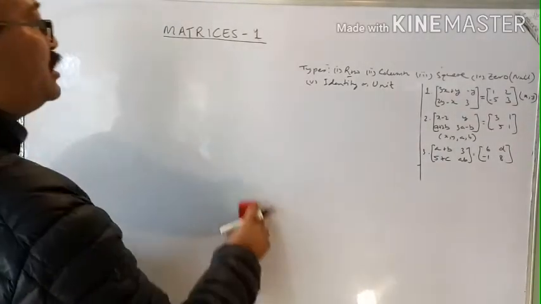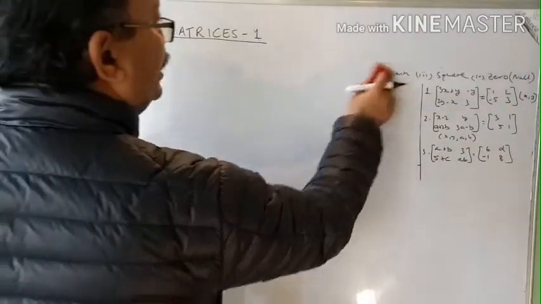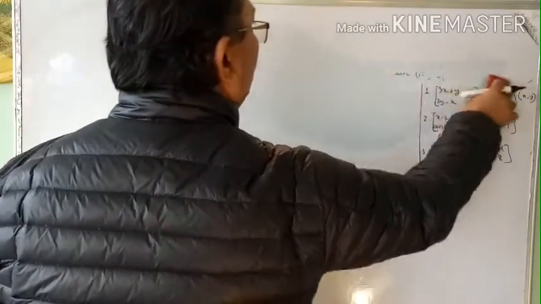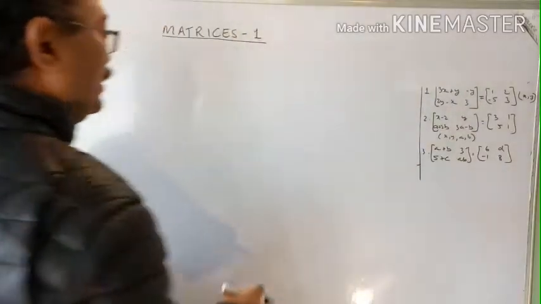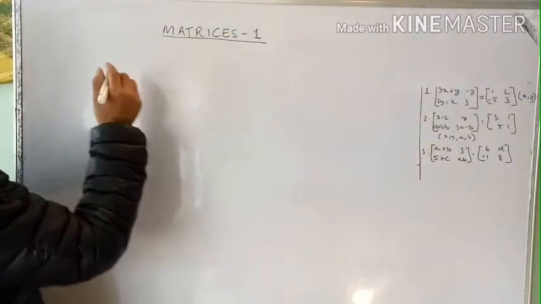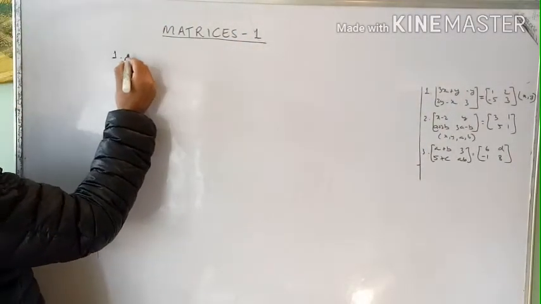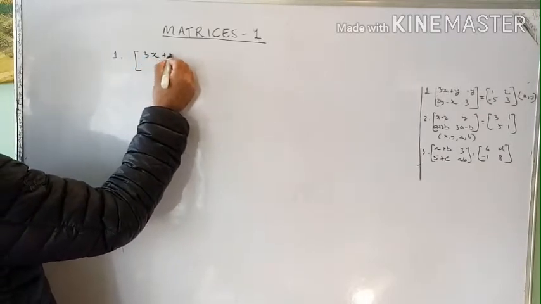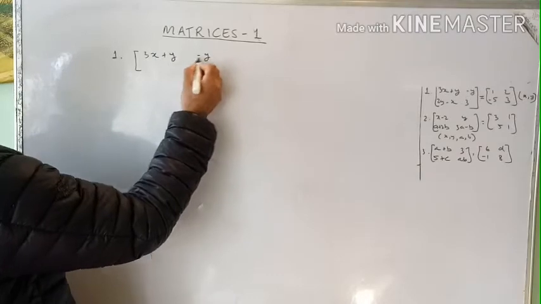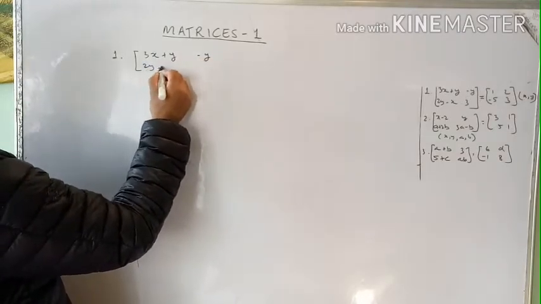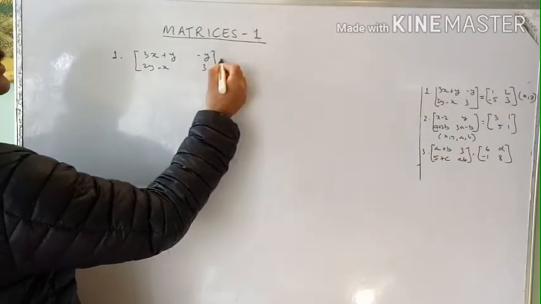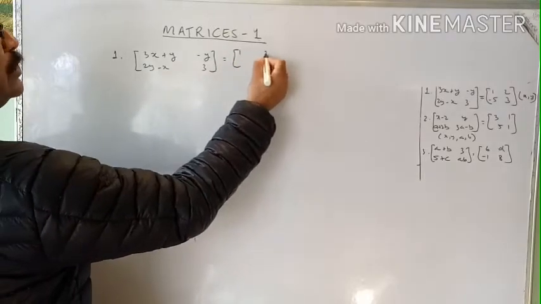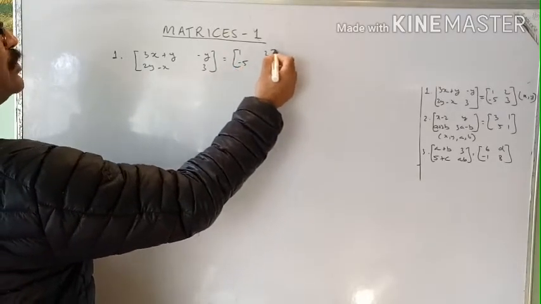Now based on the concept that you have learned today, we'll try to solve few questions. So let's take question number 1. You are given 3x plus y, minus y, 2y minus x, and 3 is equal to 1, 2, minus 5 and 3.